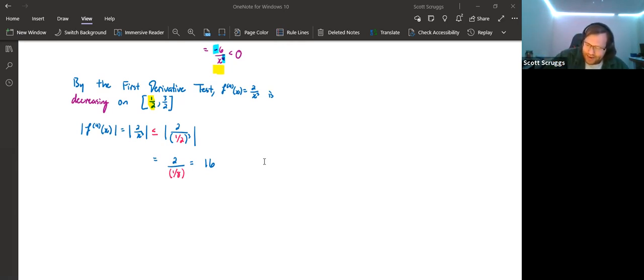And that 16 is greater than the fourth derivative. That gives me my candidate for M, which is 16. Any questions about that step or anything I need to clarify?